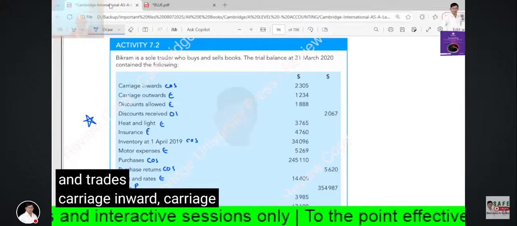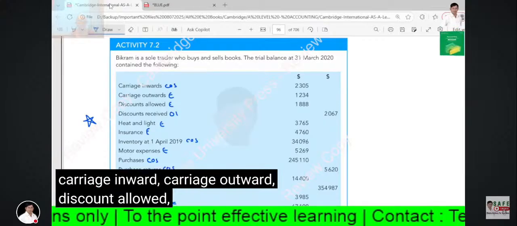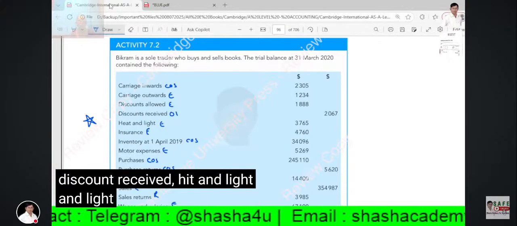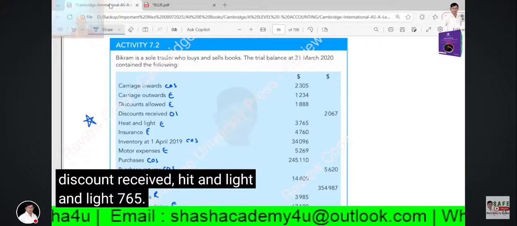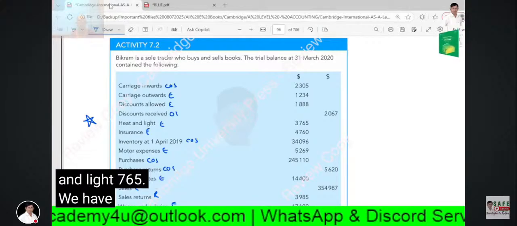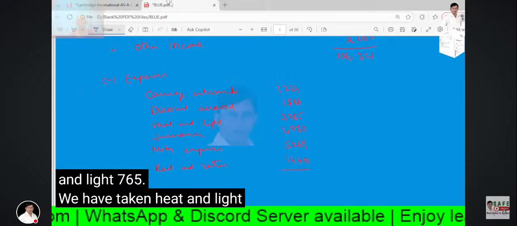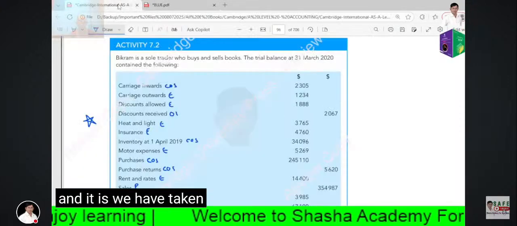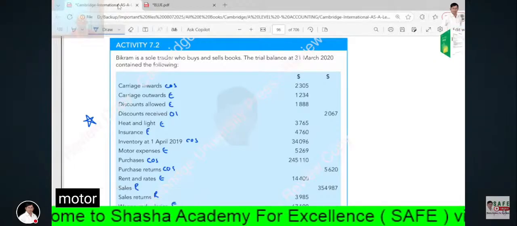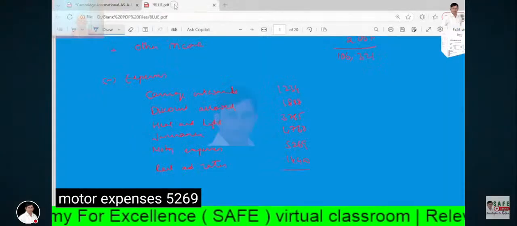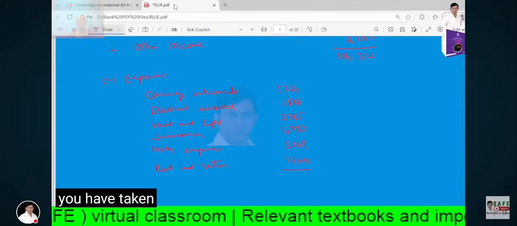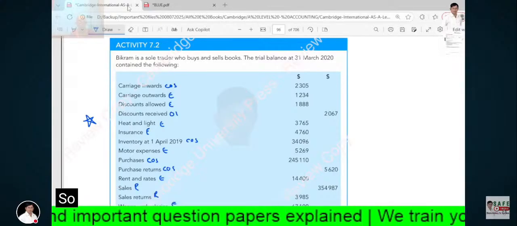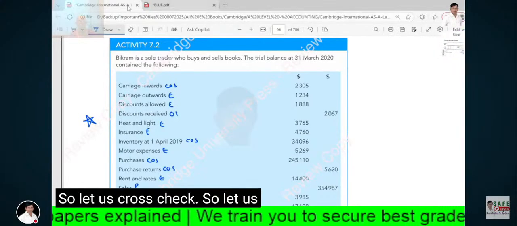I will not calculate the discount amount. So let us cross check. So let us check line by line item.